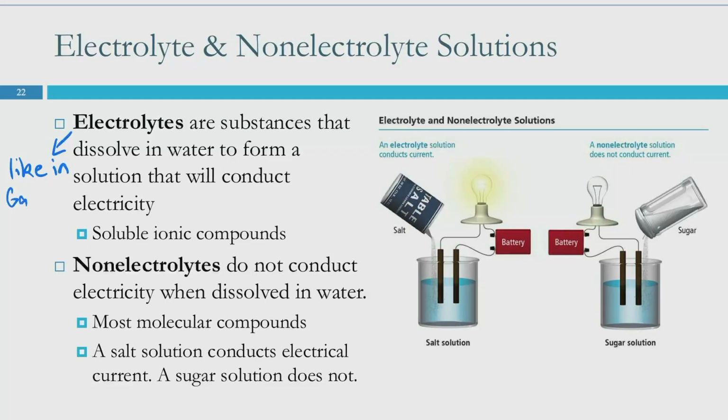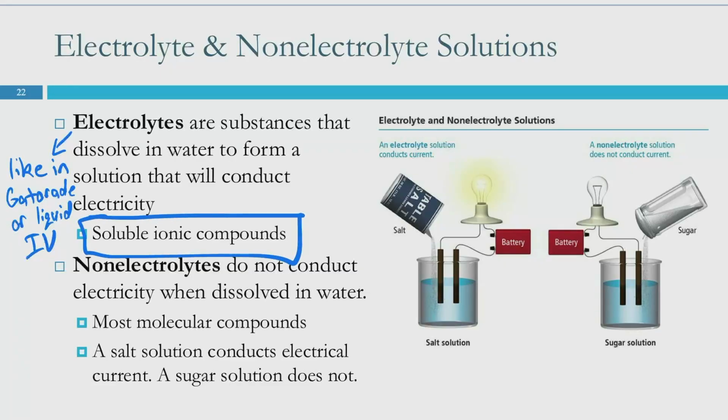Like in Gatorade or Liquid IV, or other such things that you would use to refresh yourself if you're doing a lot of sweating. So electrolytes are substances that dissolve in water and form a solution that will conduct electricity. Electrolytes are soluble ionic compounds.